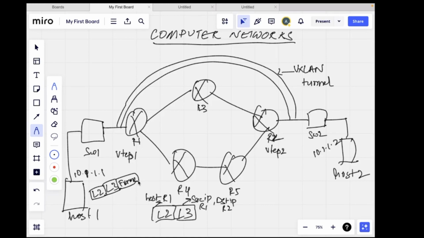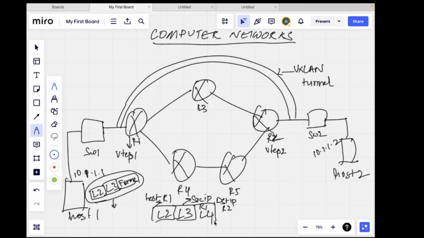Now this packet will come to R1. R1 will see that it is a VTEP, a virtual tunnel endpoint. That means this packet needs to be encapsulated inside another packet. Now this packet will be encapsulated inside a UDP header. So layer 4 is what?